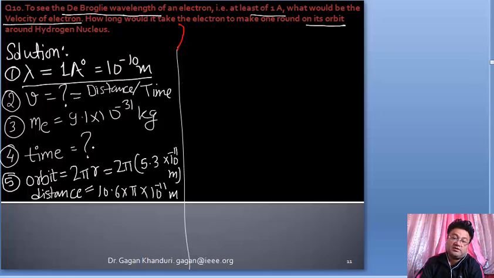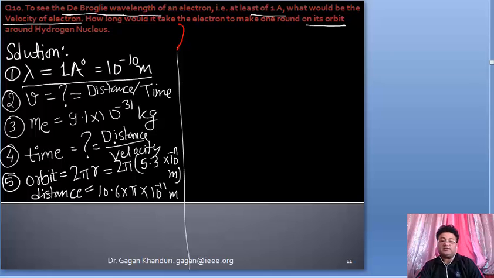So time can be given as distance by velocity. We can see that first we have to find out the velocity, and we do have the distance now. So how to go about it? We have been given lambda of 1 angstrom, and that is for the electron.